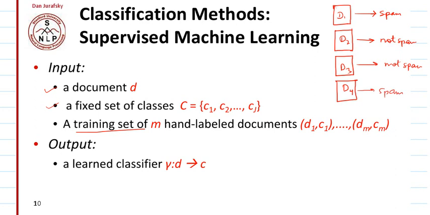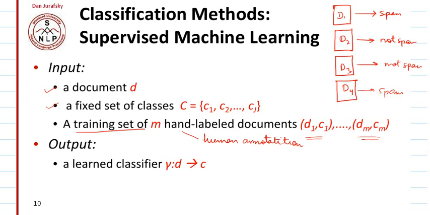Right. So there is training data of M hand-labeled documents, where document 1 is assigned class 1, document 2 is assigned class 2, and document M is assigned class M. There is human involvement here, and specifically this is called annotation. Annotation means assigning the classes to a given document, right?